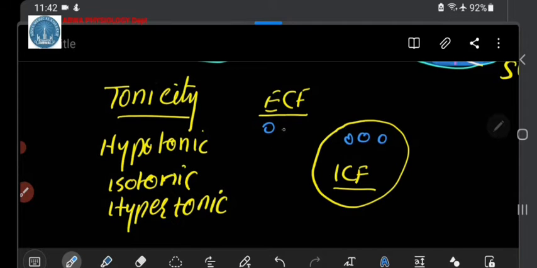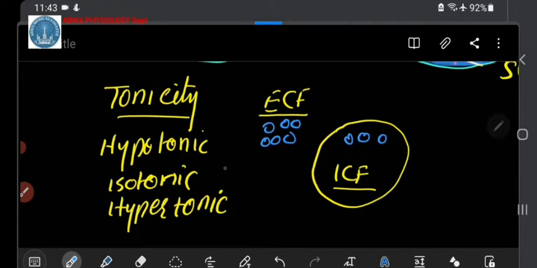If the amount of sodium ions is equal to the inside of the cell, that is isotonic, the same composition of fluid, with sodium ions equally distributed in the extracellular and intracellular fluid. But if the amount of sodium ions outside the cell is greater than inside the cell, then it is hypertonic.